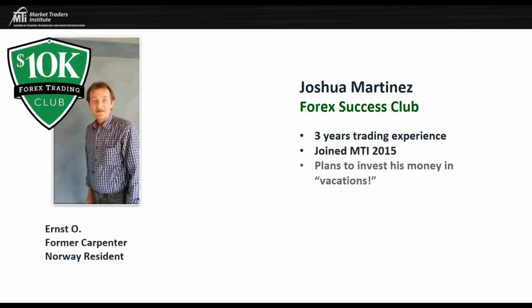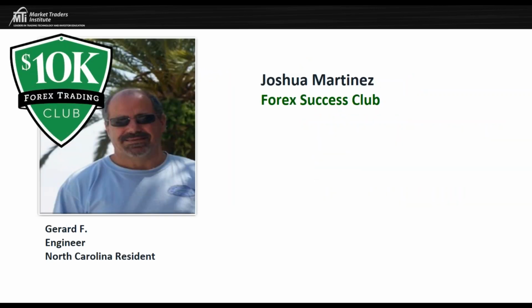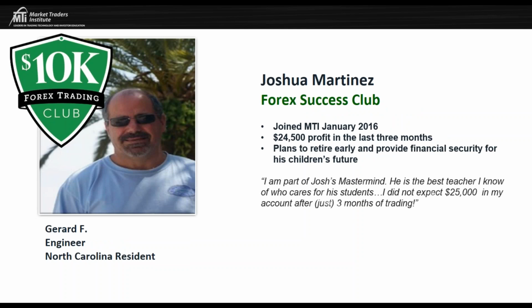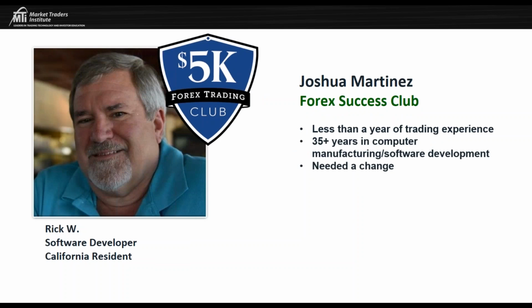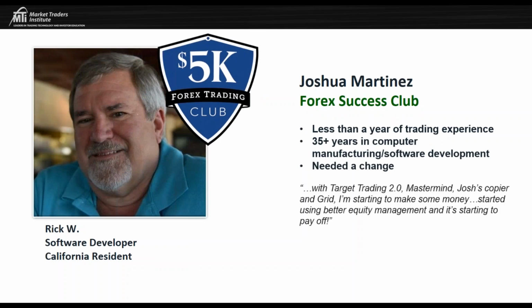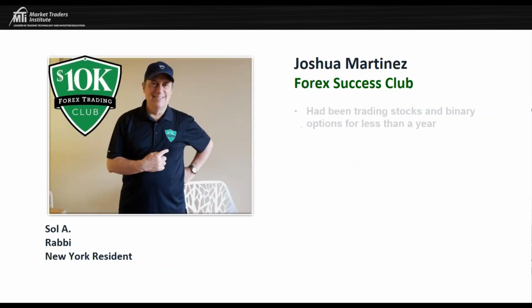Ernest O. is now making over $10,000 US a month. Gerard is now making over $10,000 US a month. In 3 months, made $24,500. Rick W., in less than a year of experience, made over $5,000 US.